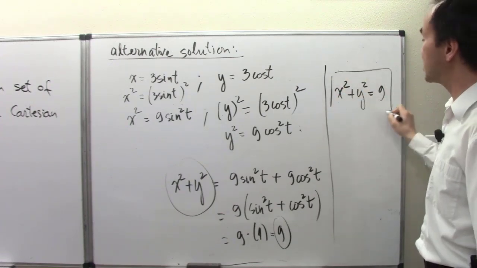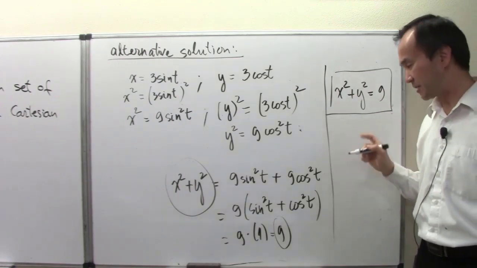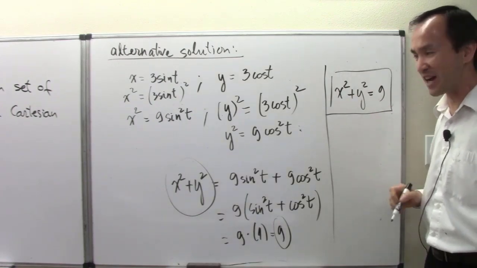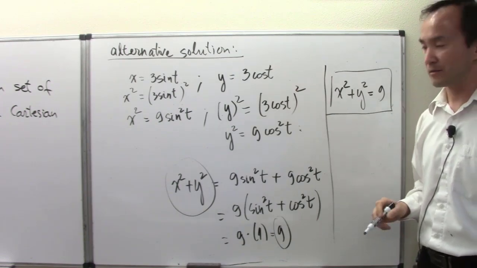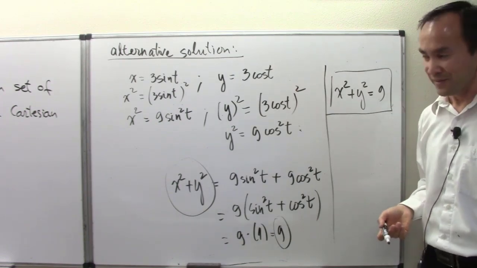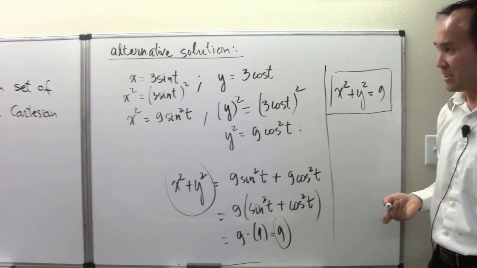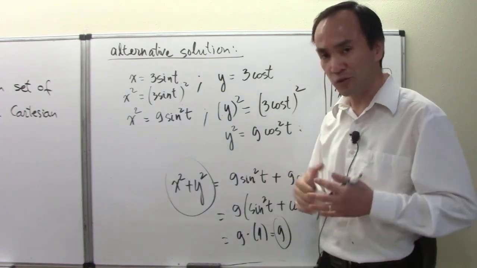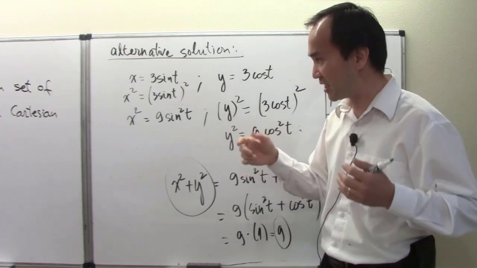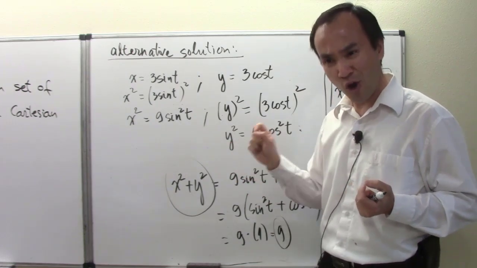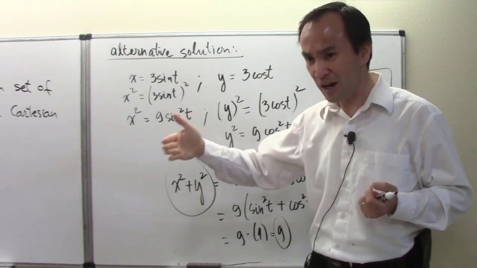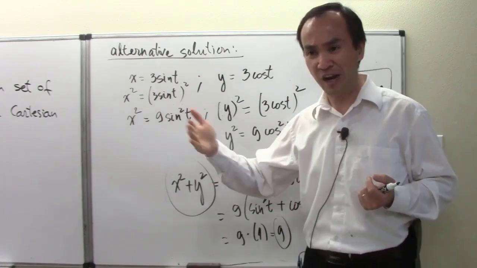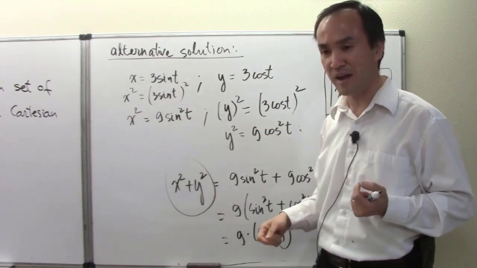That is another way we can recognize the Cartesian equation for this system of parametric equations. All right, and you can see that I keep giving examples with parametric equations that deal with sine and cosine, because I'm not very sure how far you will go in your mathematics career.